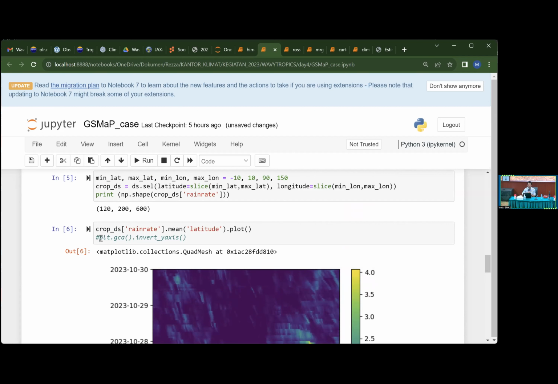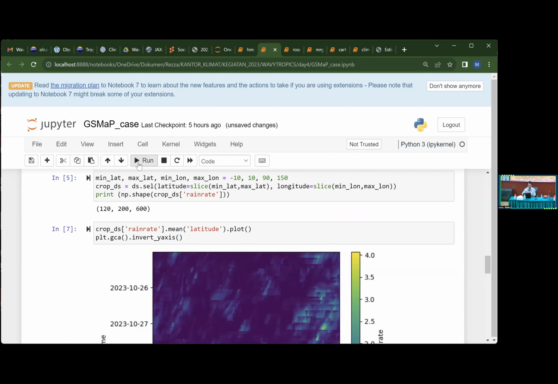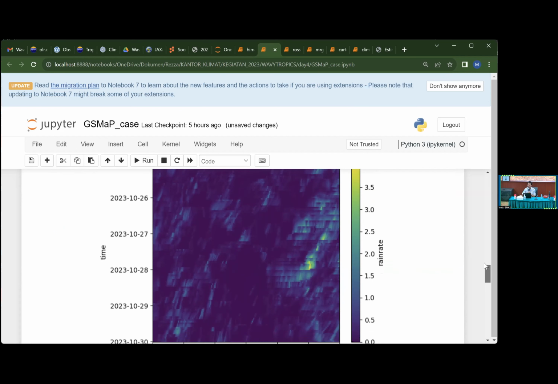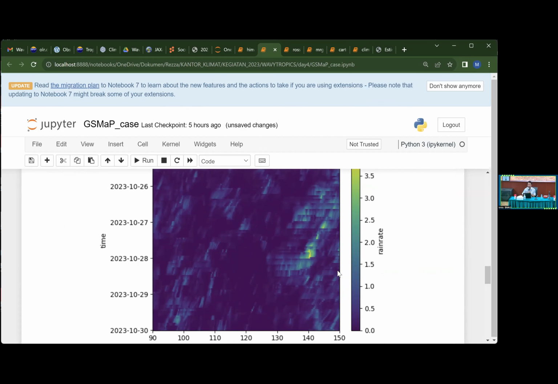You can just put this, which will invert the y-axis. So can you see the westward propagating signal, and when it happened? Around this part, okay?